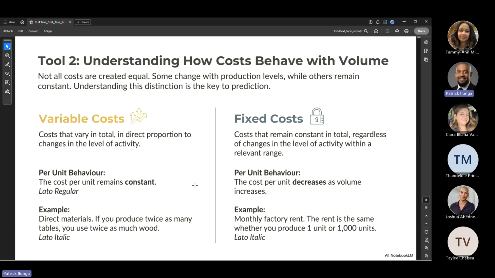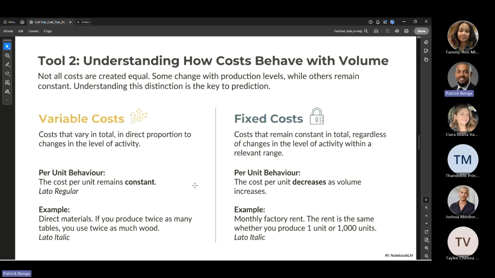But what is the behavior of the same cost per unit? Let's say the total variable cost is 10,000 rand. We need to calculate the unit cost. We need to ask, what is the volume that we produce? We produce 10,000, right? So 10,000 rand in cost divided by 10,000 gives us what? 1 rand. So that's the cost.